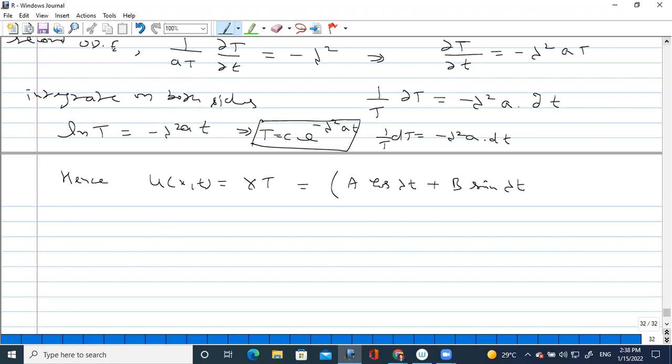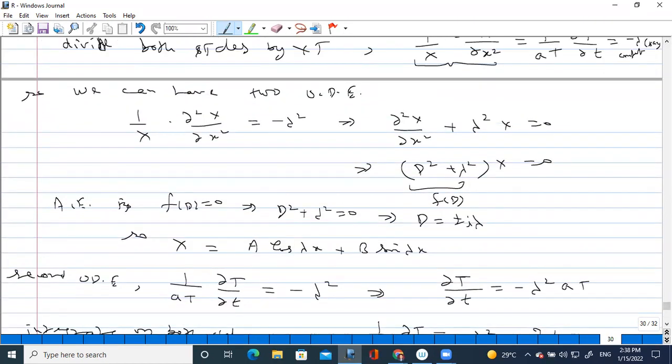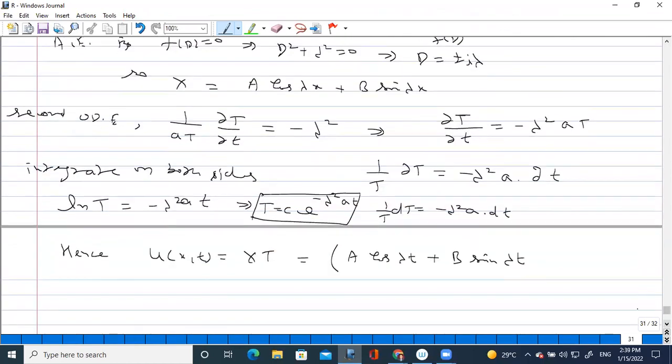Sorry, x should be there, no? Yes, x is there. This is the function of x, lambda x, into this T portion. The T portion is c into e to the power minus lambda square a t. Now you tell me, this c I can multiply with a, this c I can multiply with b. So those will be constants only.